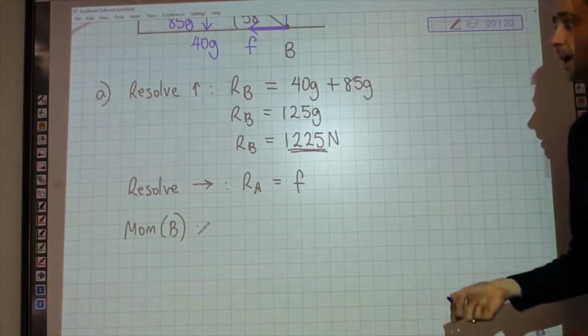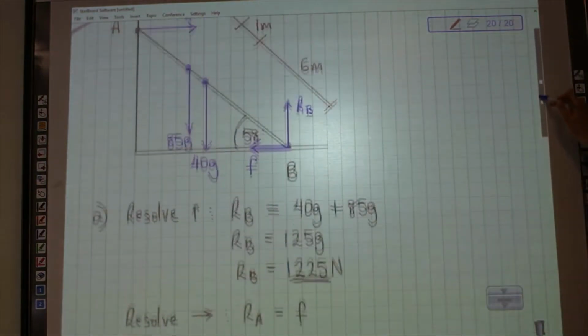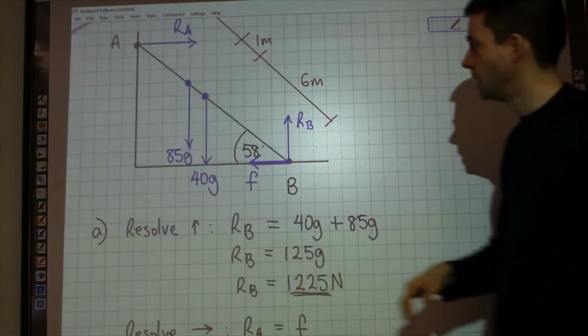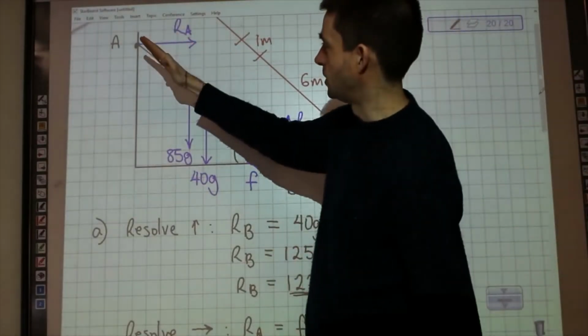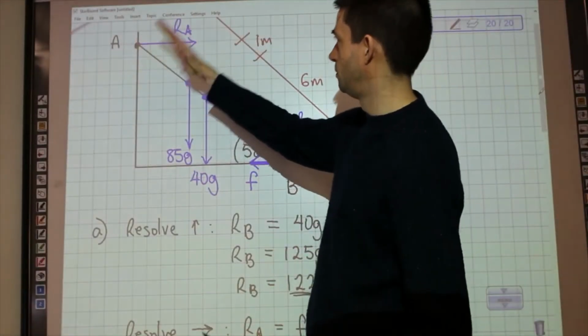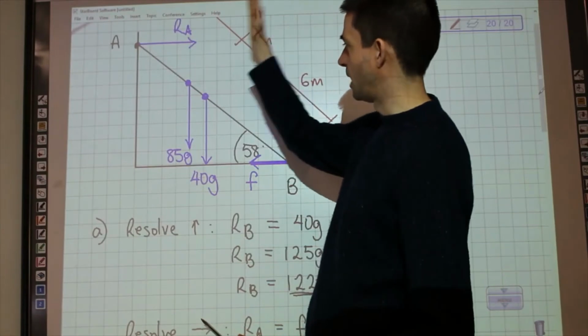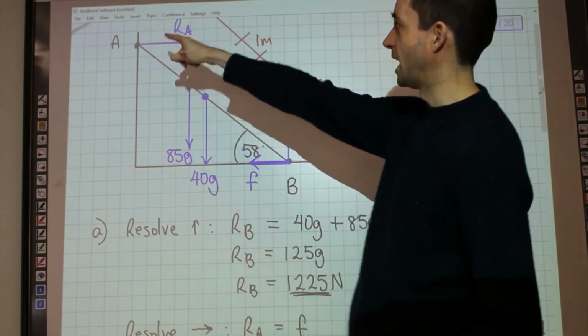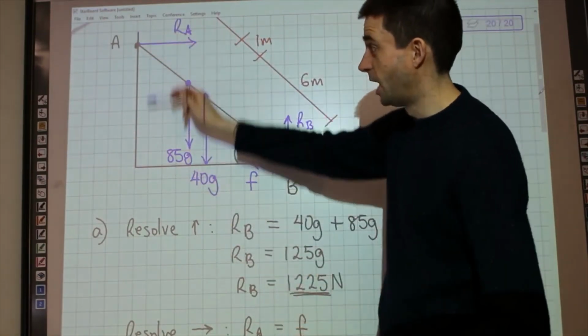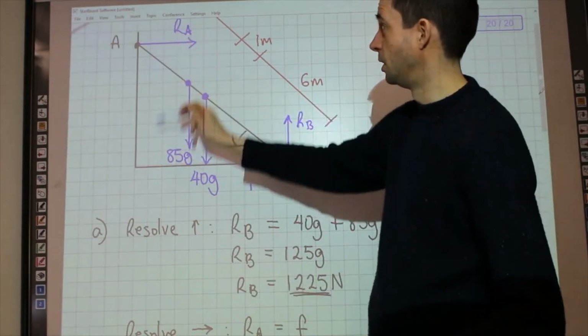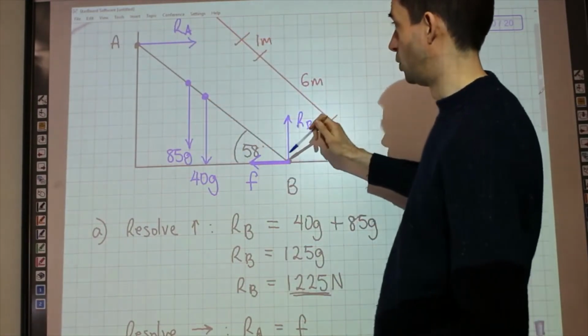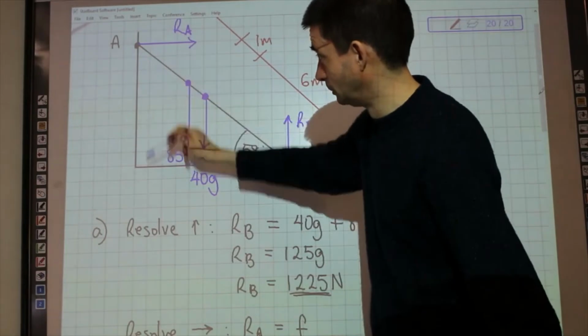Again, considering clockwise moments and anti-clockwise moments. So which forces are attempting to make the ladder tilt this way if I'm pivoting about point B? Well, as you can see, it's the reaction at A, but I need the perpendicular distance that that reaction force makes with this point here. So I need this length here.